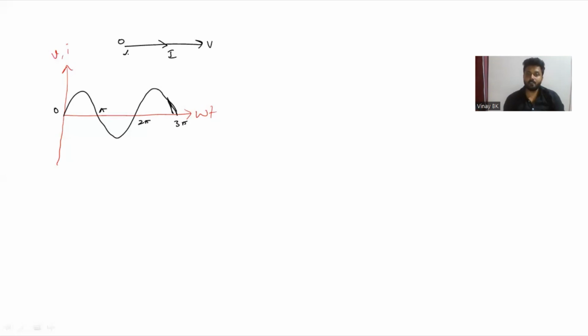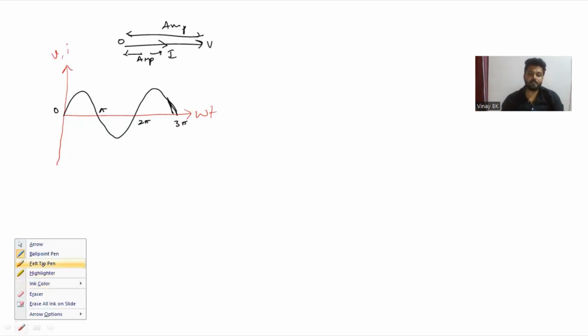The magnitude, or amplitude, of current is less than the amplitude of voltage. You can observe here the amplitude of voltage and the amplitude of current. The waveform of current is in phase with the voltage waveform, but the amplitude of the current waveform is less than the amplitude of voltage, so the current waveform follows the voltage waveform like this.